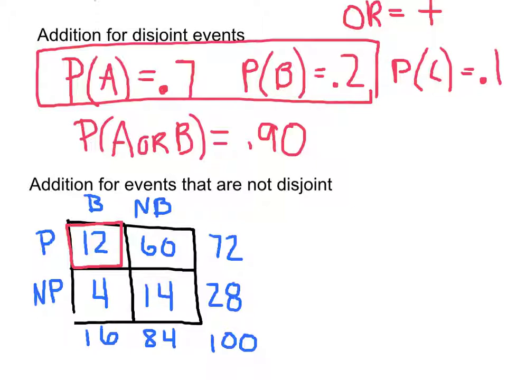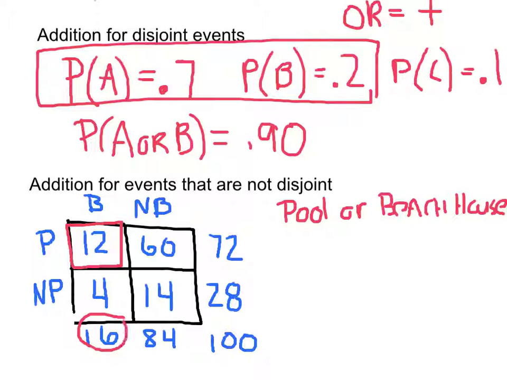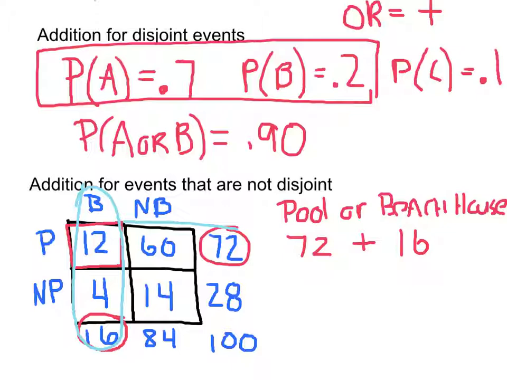Okay, so if I were to add, let's say, the probability that I have a pool or a beach house, in this case, because the events are not disjoint, if I were to take 16, the probability I have a beach house, plus 72, the probability I have a pool, and add them together, my answer is going to be wrong, because 16 includes the beach houses with pools, and 72 includes the pools that are on the beach.